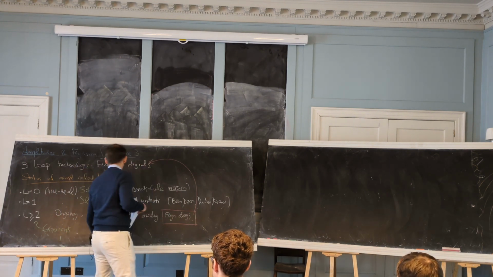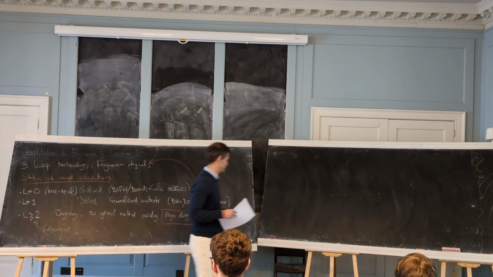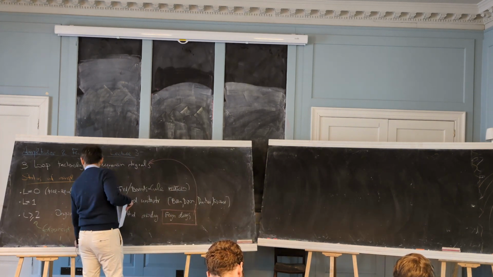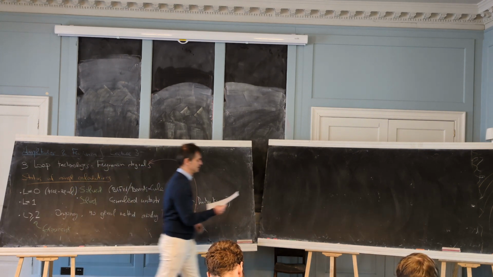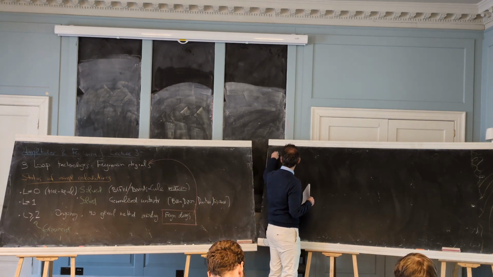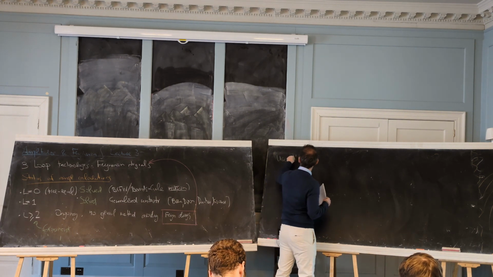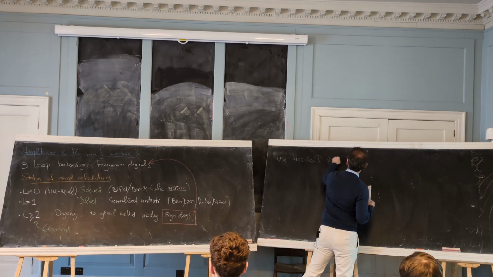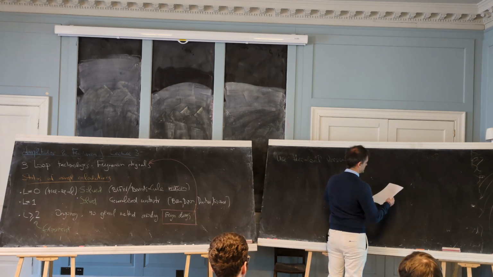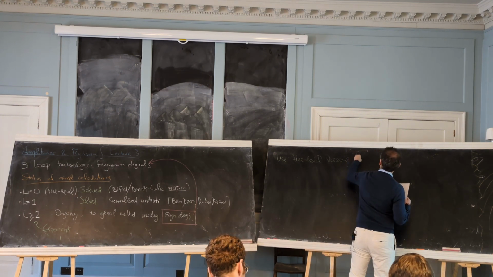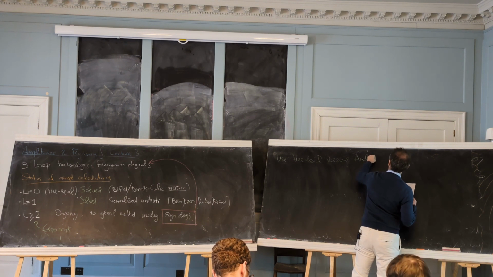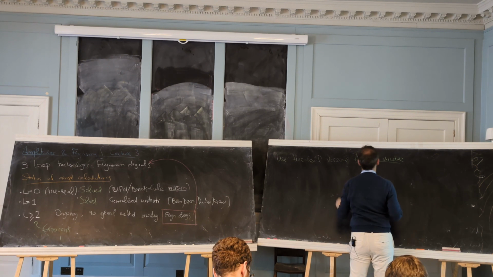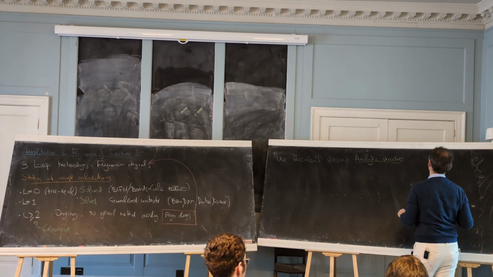And okay, what are the complications that show up at loop level? Maybe I should also say that we use tree-level lessons, and this is hopefully that the knowledge of the analytic structure helps a lot.